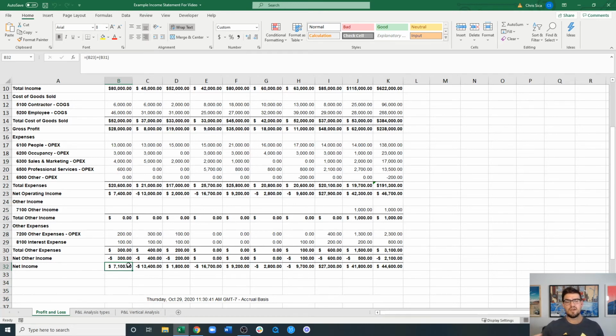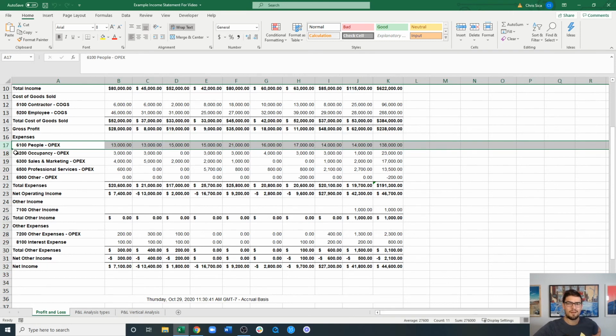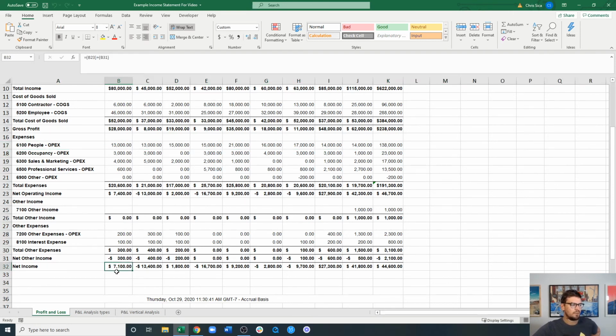However, if you are paying yourself a salary that would be commensurate with your value in the marketplace, that would show up here in people OPEX. And so we would be able to say that this was actually the net income of the business. And so we see net income and we can see how it performs month by month. And that gives us an overall structure of a P&L.